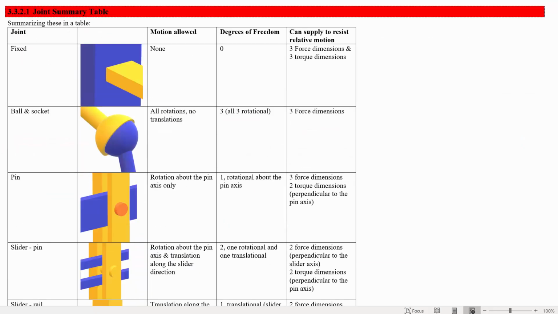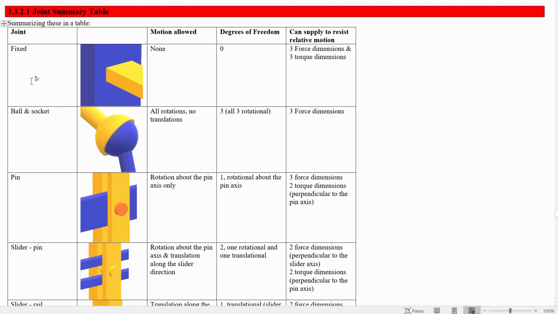We can summarize all of these in a table and talk about the motion that's allowed, the things that it can use to resist relative motion, the motion from one object to the other, and also discuss the idea of degrees of freedom. Degrees of freedom are how many ways this joint allows motion, how many dimensions it allows motion in.